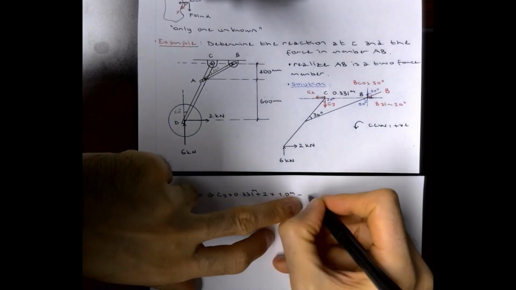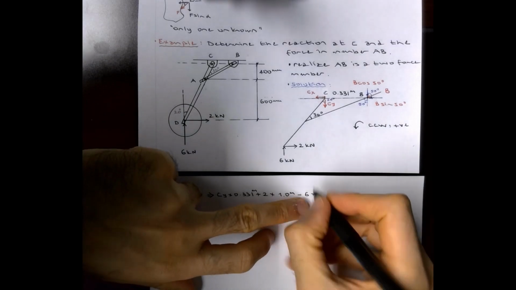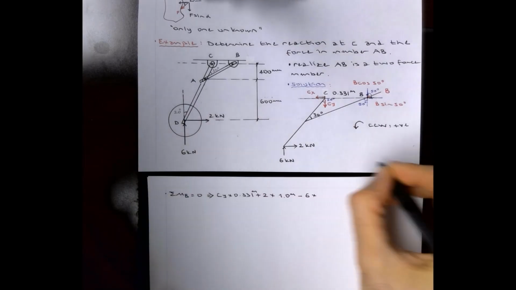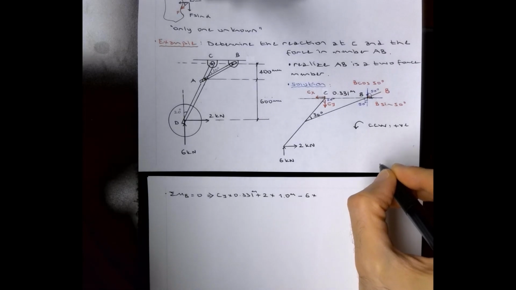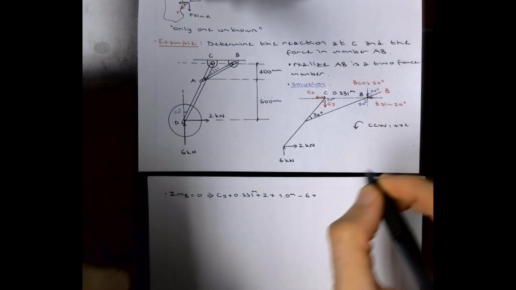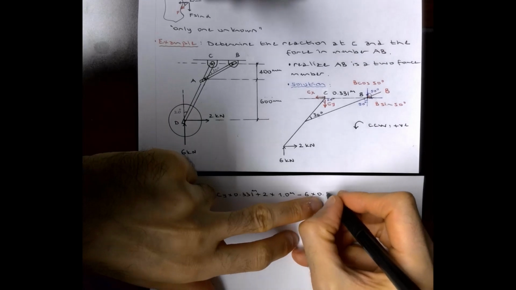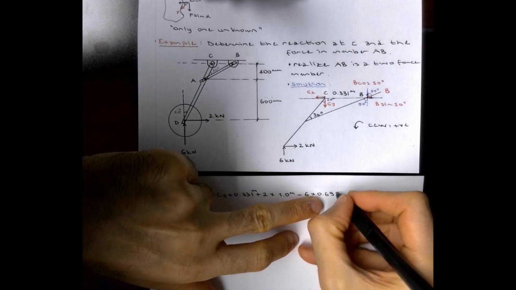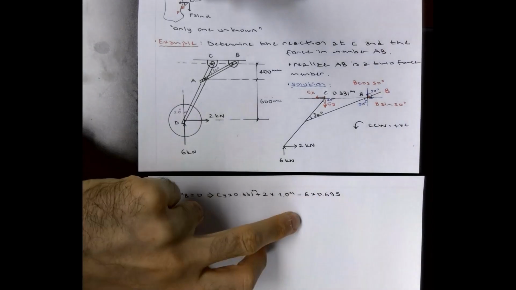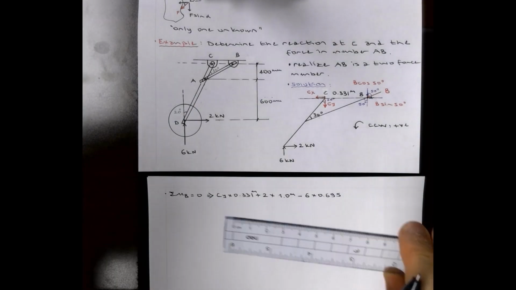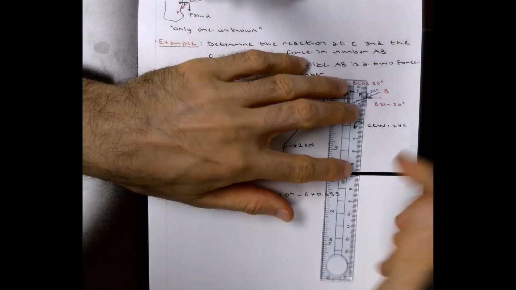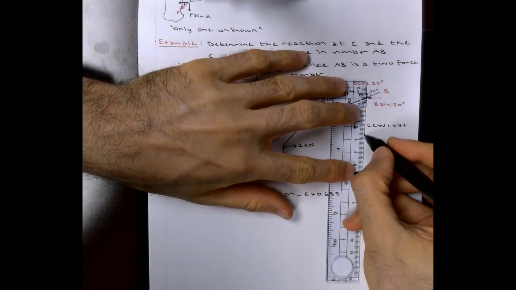And then minus 6 times, then you have to look at the horizontal distance, and again using angles, that is 0.695. That is distance from this distance.